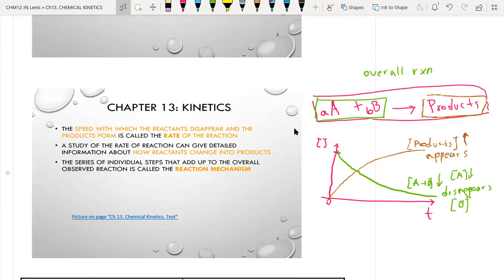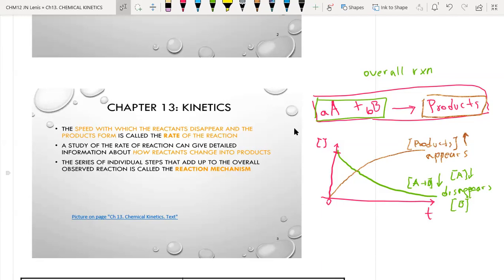Why is that important? Why in chemistry do we want to know the speed of the reaction? Why do we want to measure the rate of reactions? Because that gives us a lot of information about the reaction. For example, it can tell us how reactants change into products. How is that process going on at molecular level?